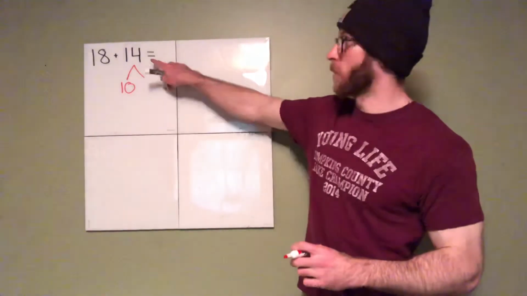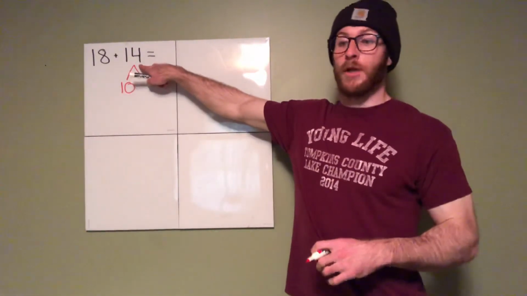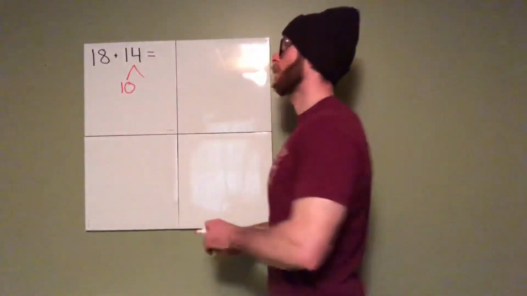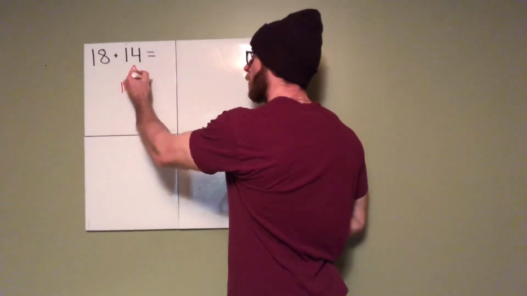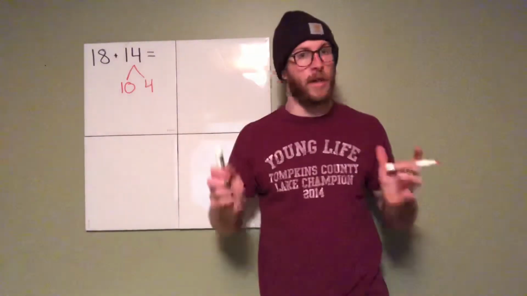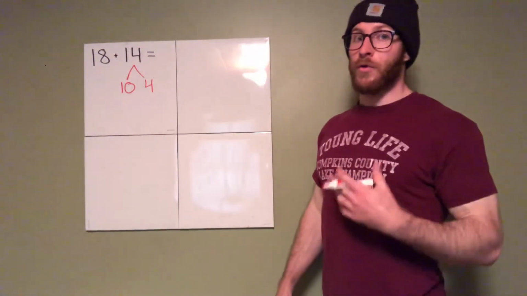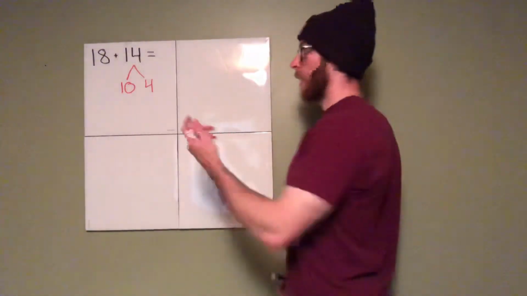If we look at our 1s place, there's a number 4. So that must mean there are 4 1s. There we go. What do I do with my number 14 since I just split it apart? I don't have a 14 anymore. I'm going to cross it out.